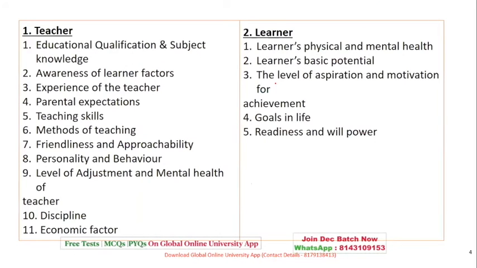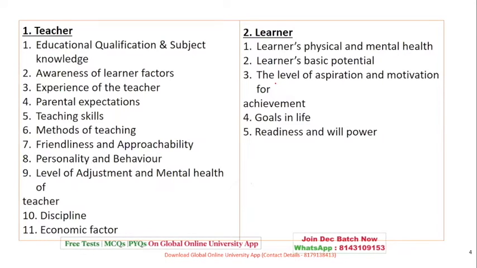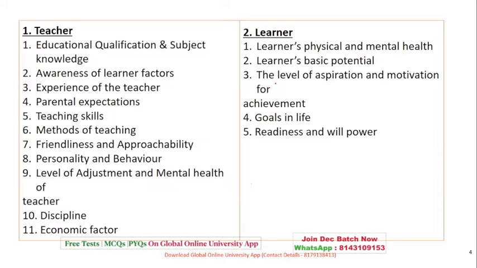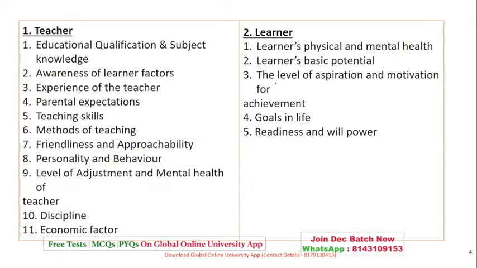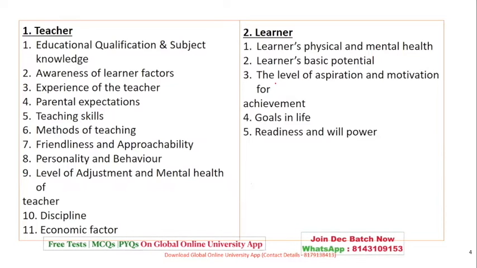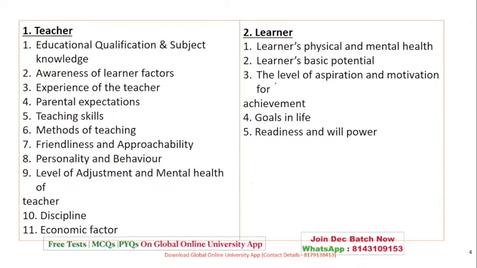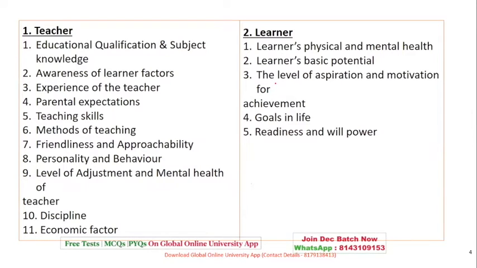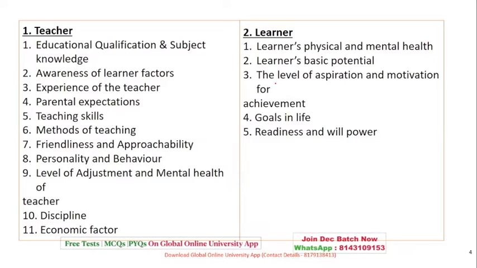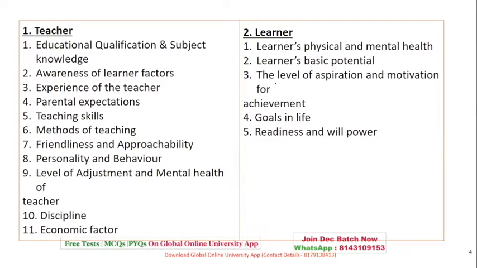When we talk about the teacher: the teacher's qualification, knowledge, awareness of the factors, experience, expectations, teaching skills which are very important, methods, that is pedagogy of teaching, the approach towards the student, personality and behavior, which also creates an important impact, level of adjustment and mental health of the teacher, discipline and economic factor.